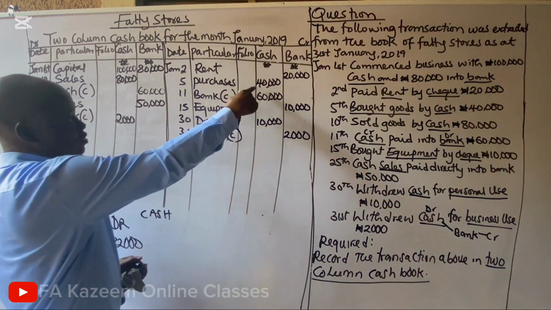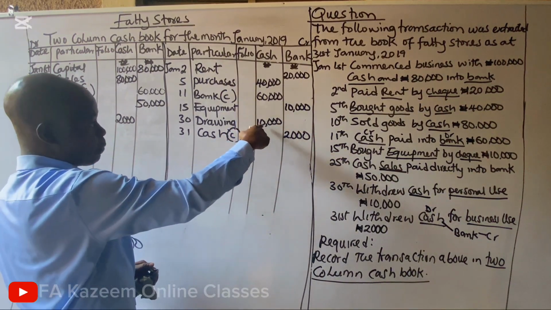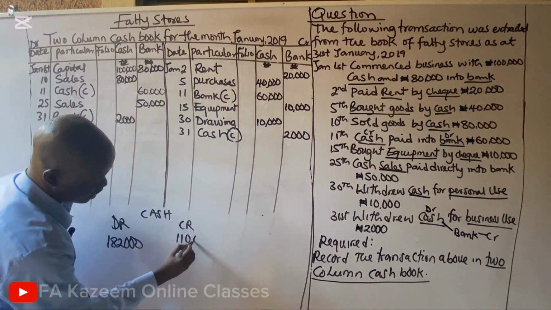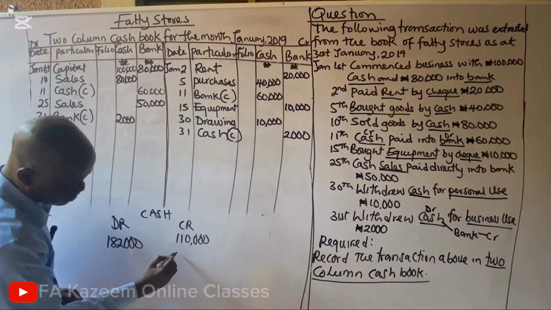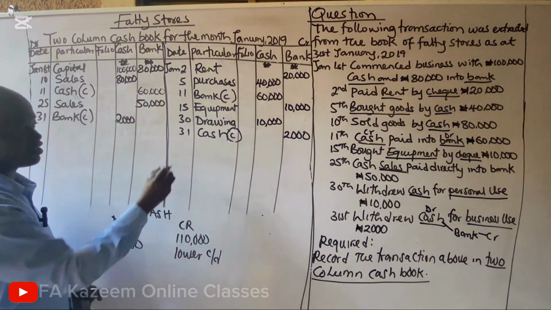On the credit side, 40 plus 60, 100 plus 10, the credit side will be giving us 110,000. Where's the lower side? The lower side is the credit side.